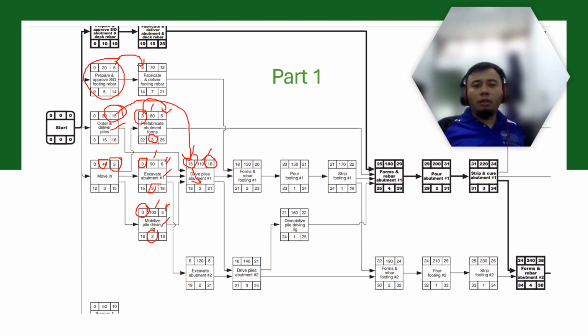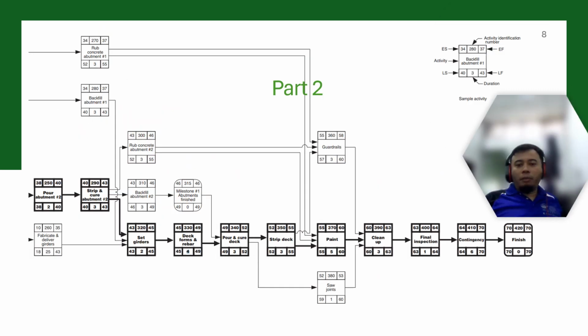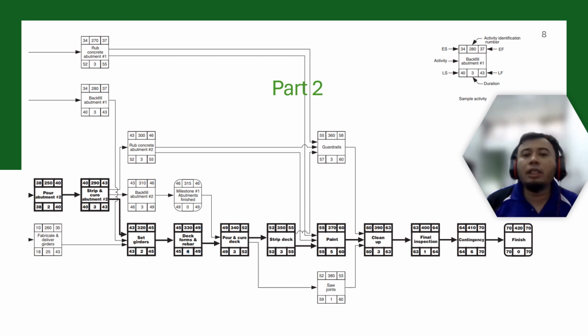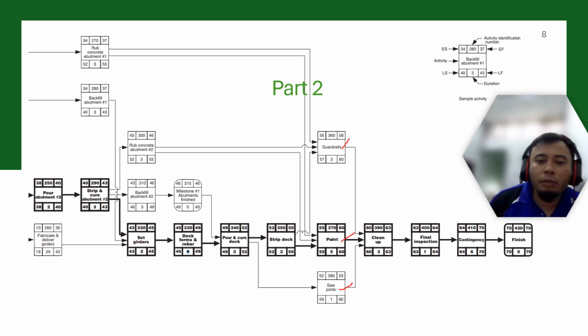Okay, guys, let's take a look at the next example. This is also the same situation where you have three activities combined as the precedence of activity 390. Activity 390 can only start if guardrails have been completed, panels have been completed, and sawed joints have been completed.